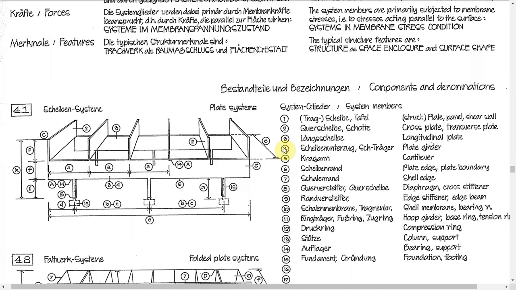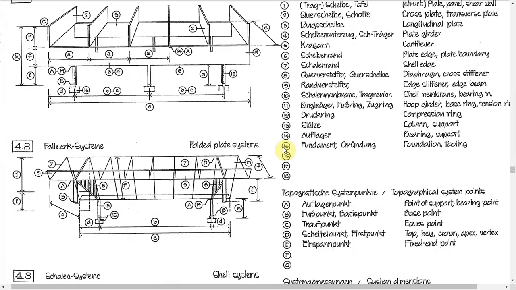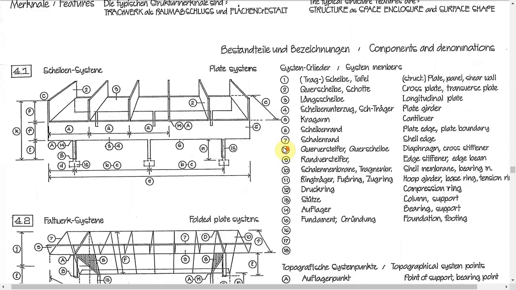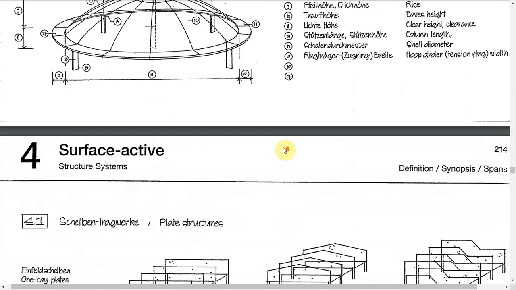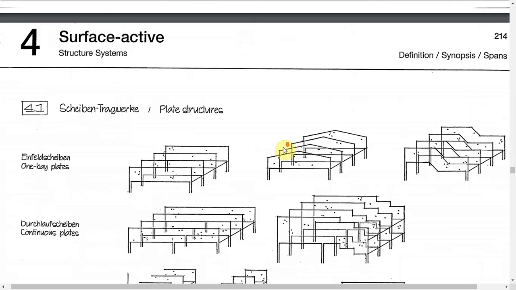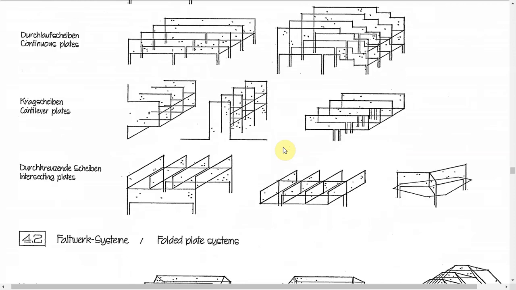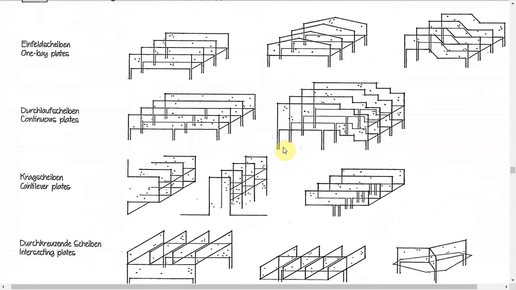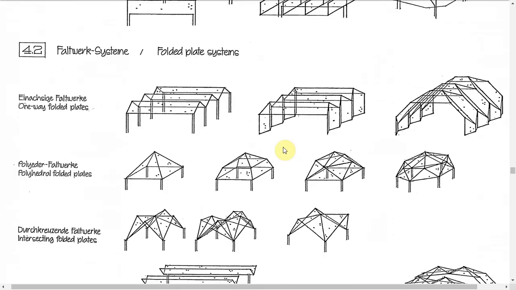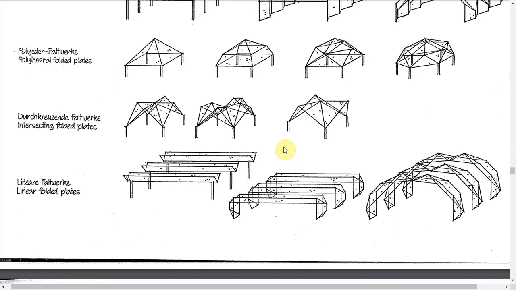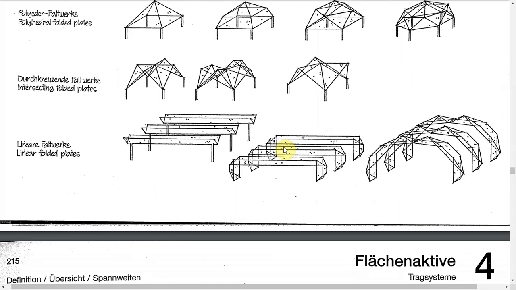First is the plate systems, then a variant of plate system is folded plate systems, then shell structures, and after this there is another type of surface active system. They are inflated systems, and inflated systems are also known as pneumatic systems, right? We will cover pneumatic system in detail in another lecture.